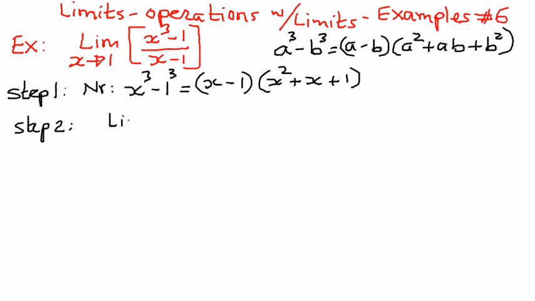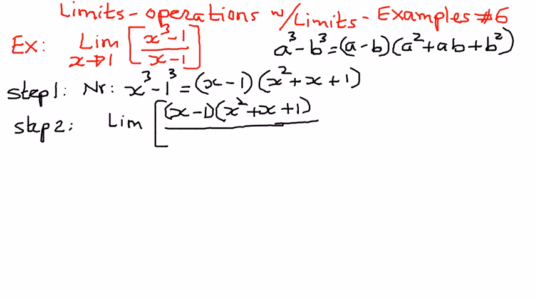Limit of this function, instead of x cubed minus 1, I'm going to write it in this expanded manner, which is going to be x minus 1 times x squared plus x plus 1, the whole thing divided by x minus 1. As we said, if we have terms which are similar in the numerator and denominator, we can cancel them out.